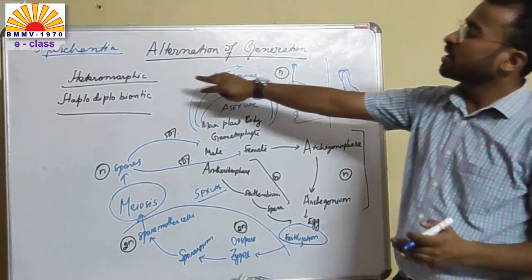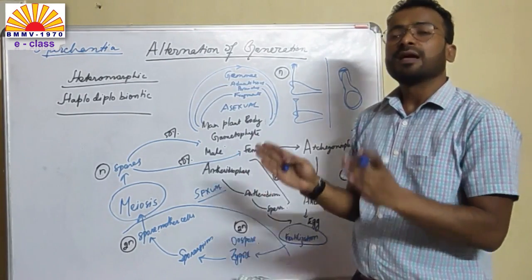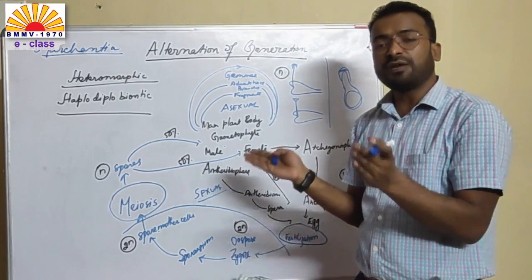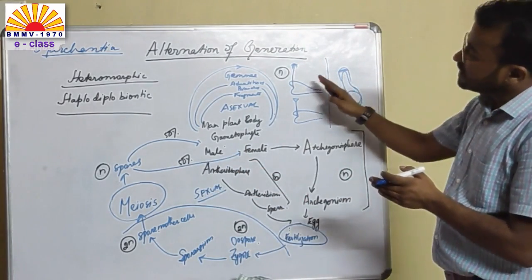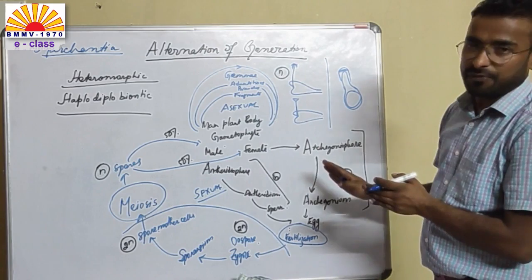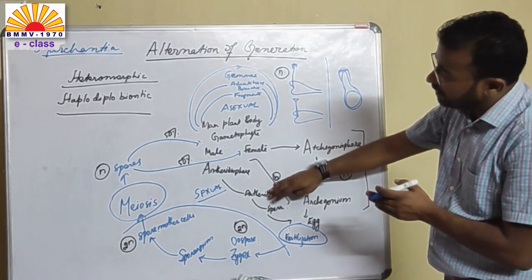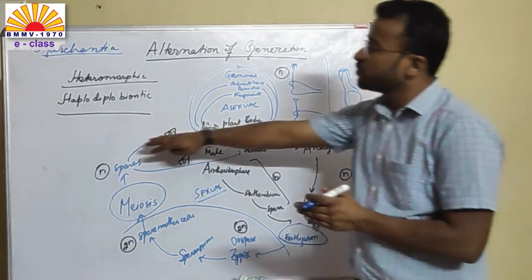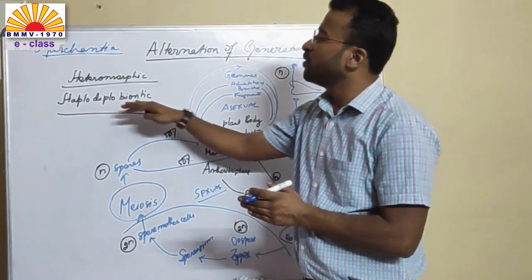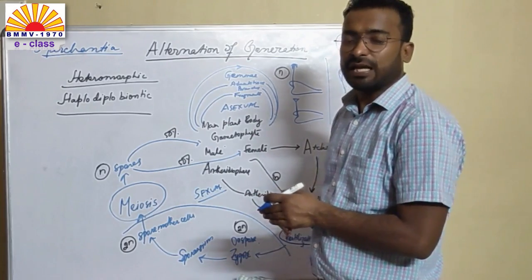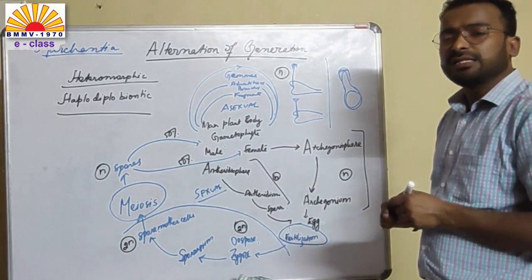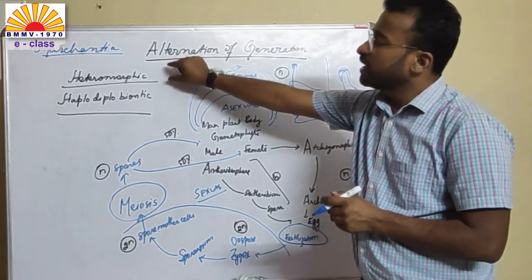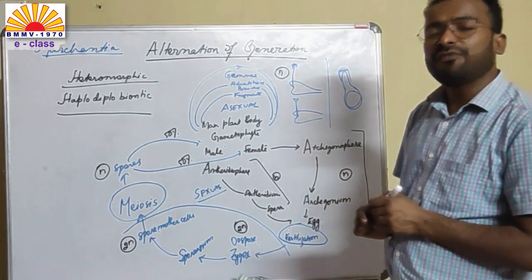That is why they are known as heteromorphic. Heteromorphic means different morphology. Since they also show two types of generation, one is the haploid generation and another one is a diploid generation, that is why it is known as haplodiplobiontic type of life cycle. So in this case, Marchantia shows heteromorphic haplodiplobiontic type of life cycle.